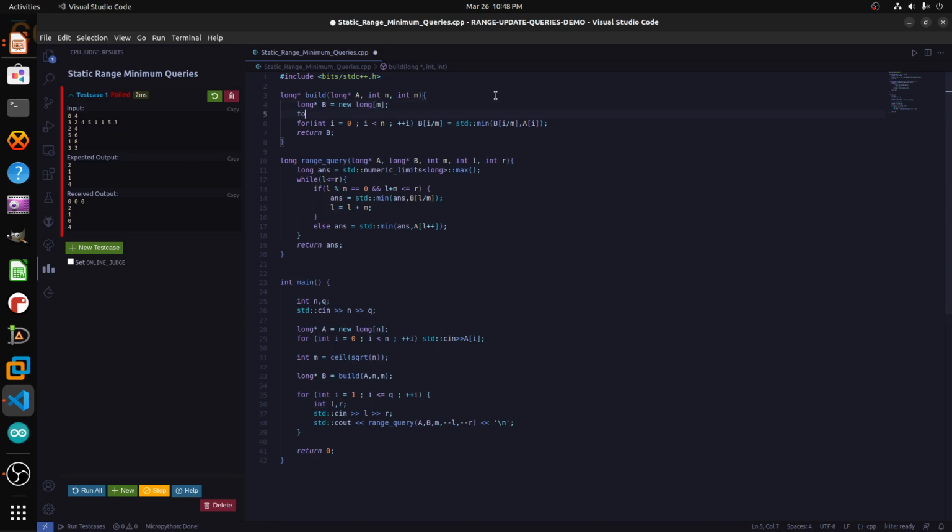So here I have to initialize all the array to plus infinity to get the correct result.